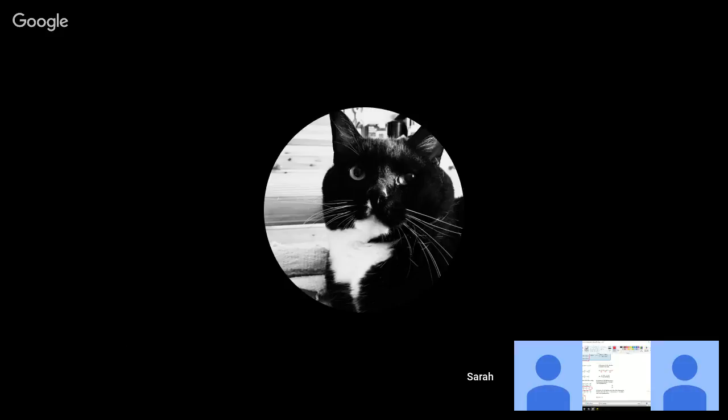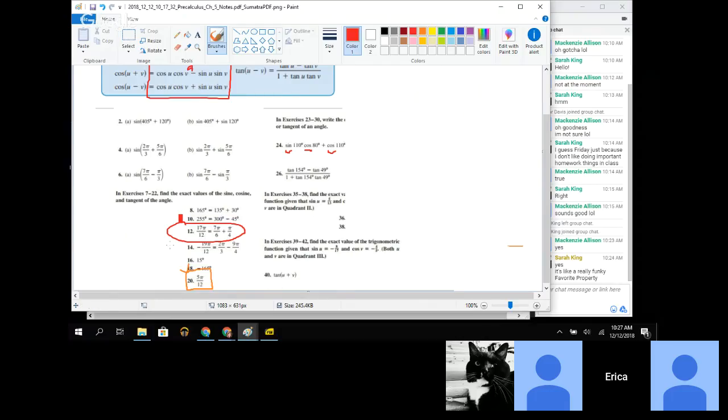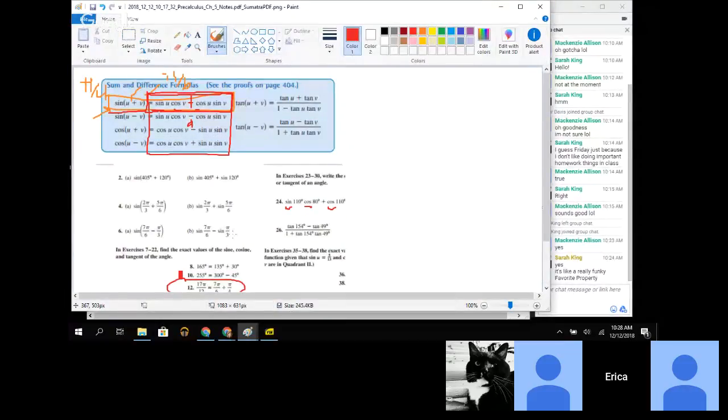So number 12, they actually broke up the problem for you, right? So they tell you that 17 pi over 12 equals 7 pi over 6 plus pi over 4. They actually tell you what it is. So let's do this for the tangent. Okay, so the tangent of 17 pi over 12.